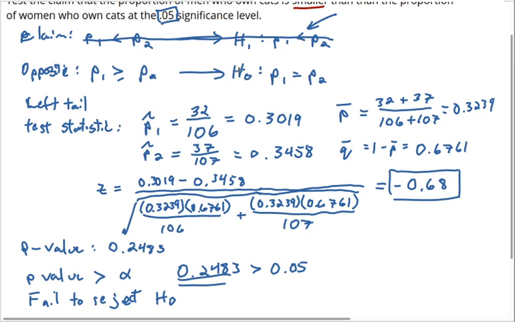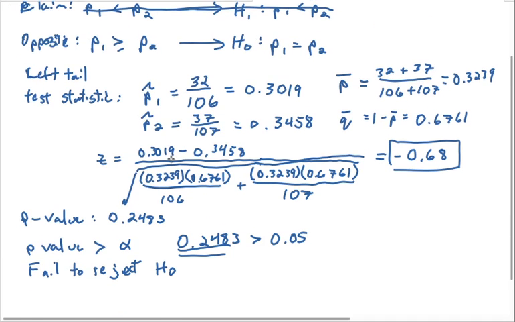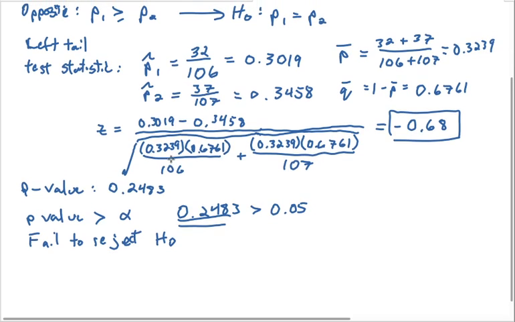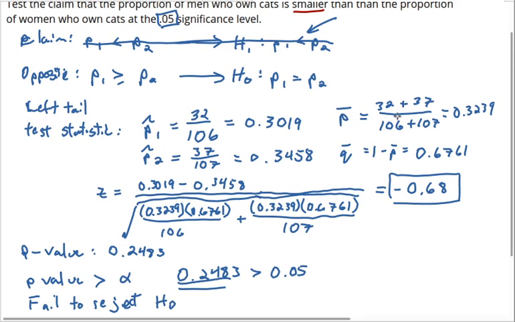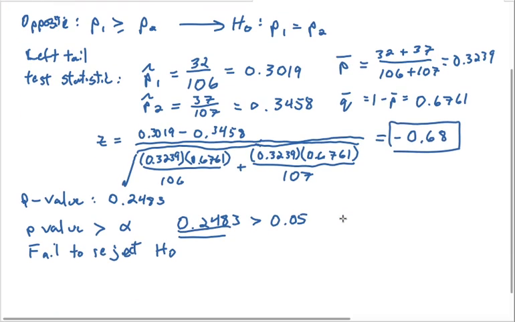I'm failing to reject the null hypothesis, and that goes with the opposite, which is not crossed out. So that means the opposite is possible given this data. So that means even though the proportion of men was lower, it wasn't enough lower for us to say that will always be the case. So there is not enough evidence to support our claim.